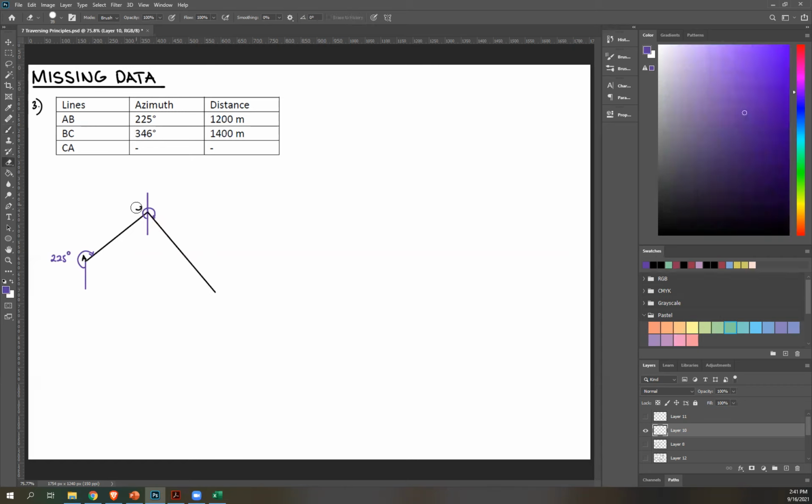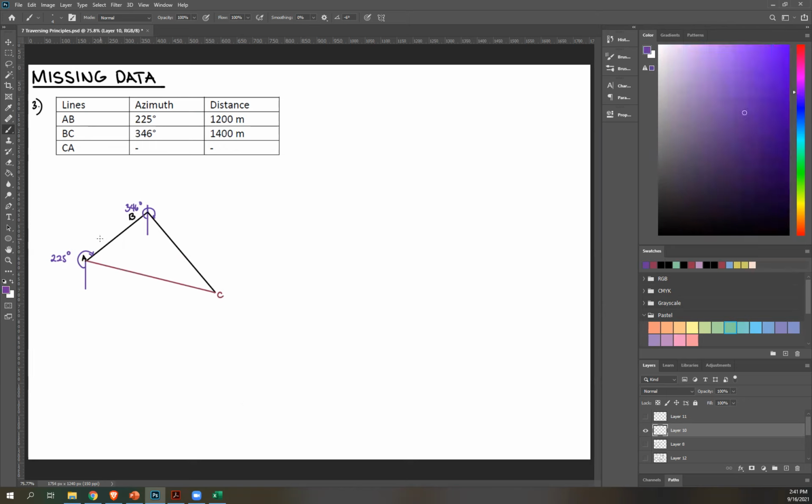And that is 346 degrees. And again, this is line B. Okay? And what I need is CA. This one. So C to A. Yes. For azimuths, it's always starting from the south line. Okay.